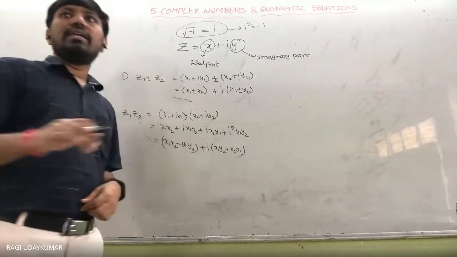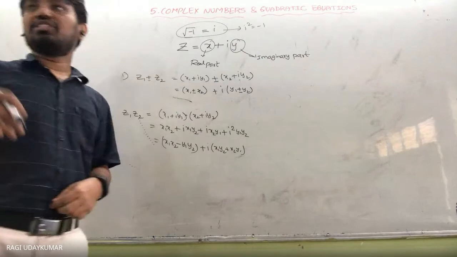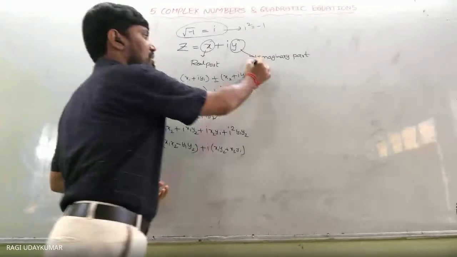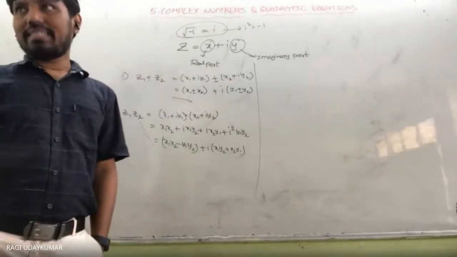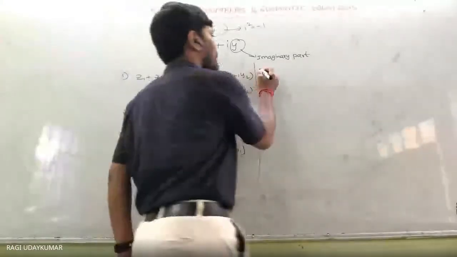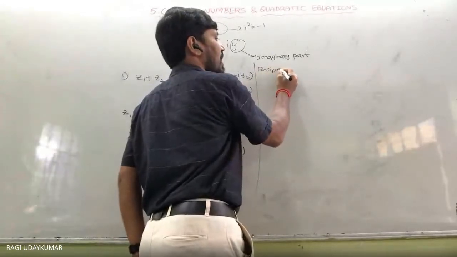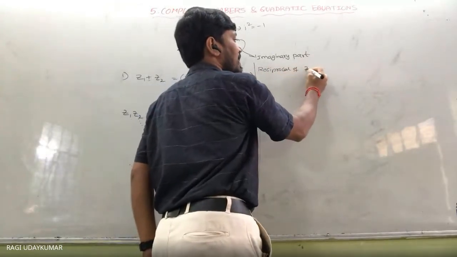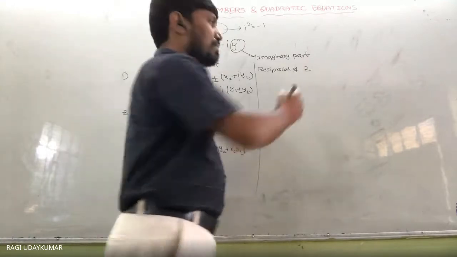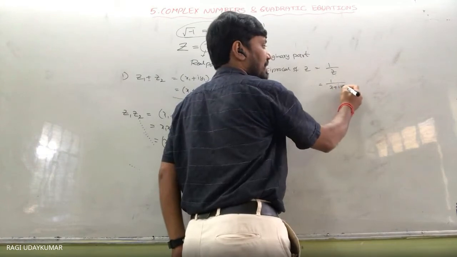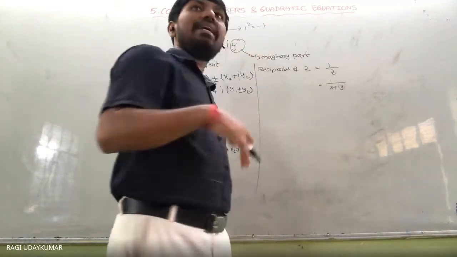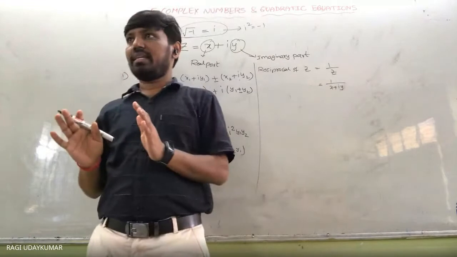Division करना है तो division of the two complex numbers means you need to take the reciprocal of the complex number. So division is nothing but reciprocal. Suppose you want to divide, first thing you need to know is the multiplicative inverse, or we can call it the reciprocal. Reciprocal of z is represented by 1 by z, so 1 by x plus iy. But denominator में x and i should not be there.